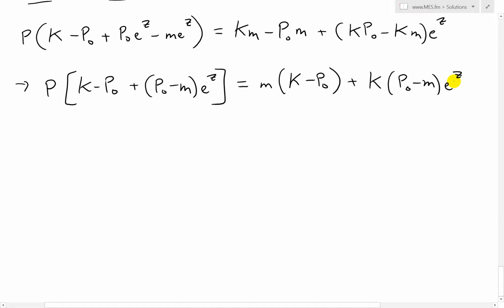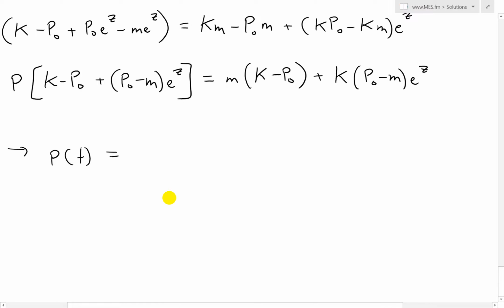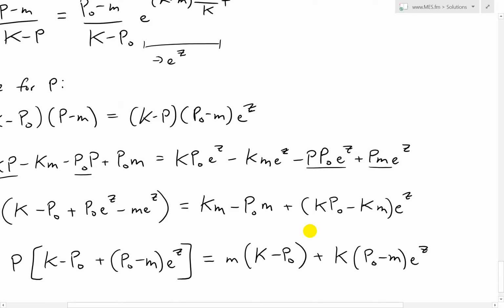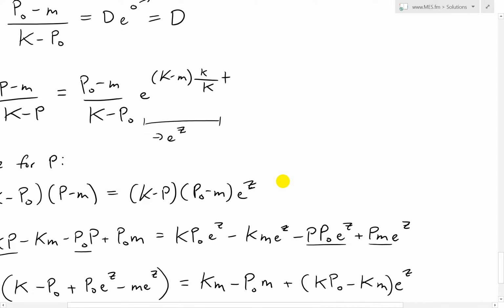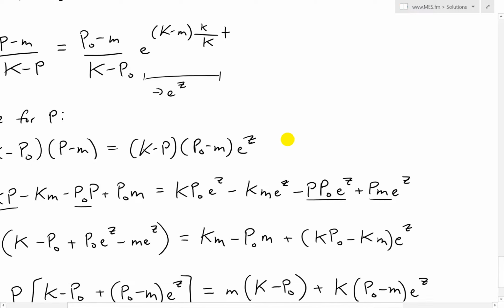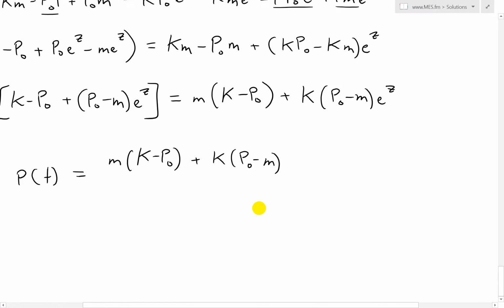So what we get is now P of t, our population, as a function of time, is equal to m times (k minus p0) plus capital K p0 minus m. And now the e to the z, we can just plug that in, just to save time: e to the z is k minus m, then little k over capital K times t.